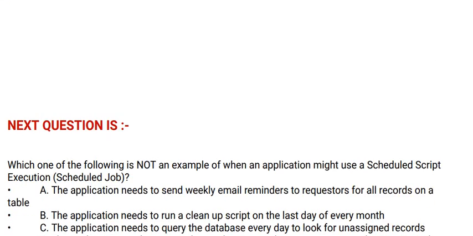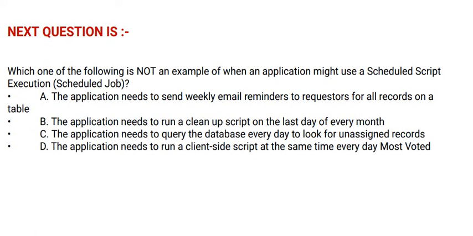Next question is, which one of the following is not an example of when an application might use a scheduled script execution? Option A, the application needs to send weekly email reminders to requesters for all records on a table.